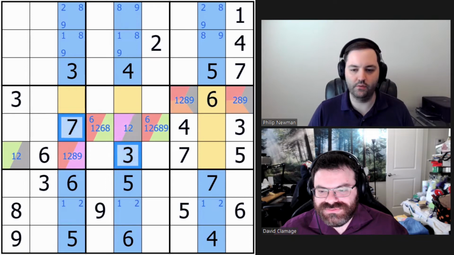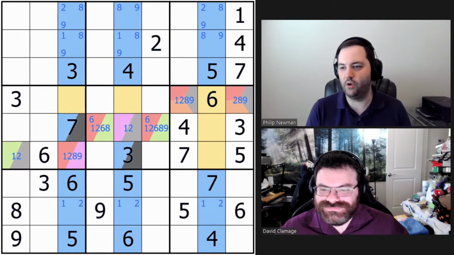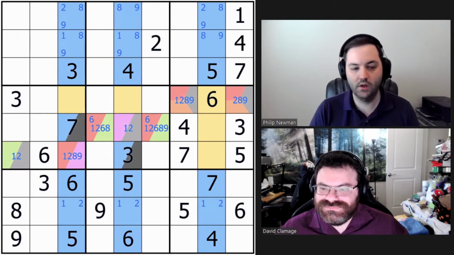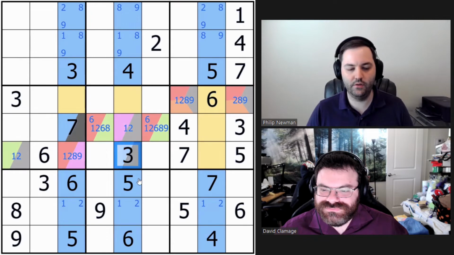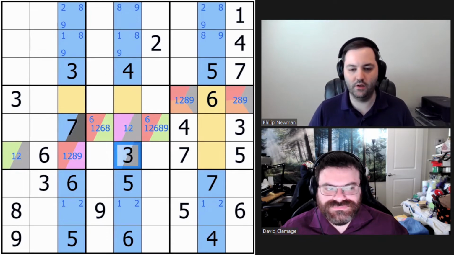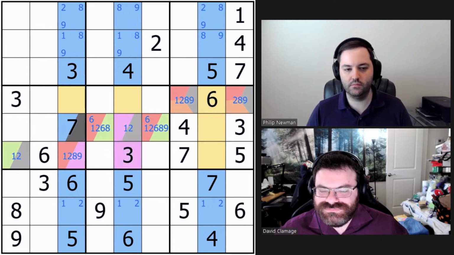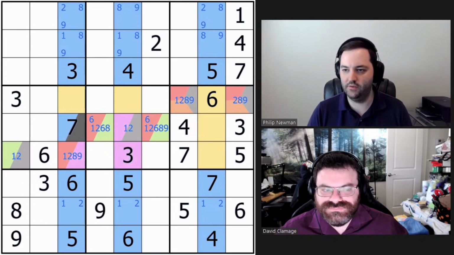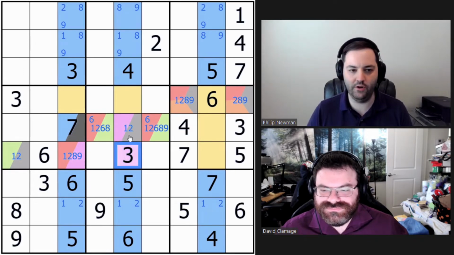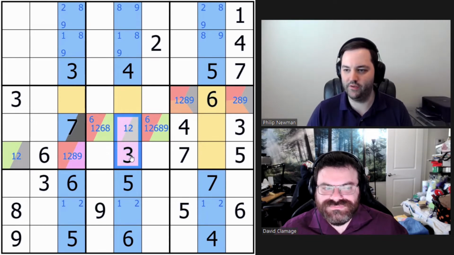These actually have a name as well. I'm totally out of colors here. These are called companion cells. So you can have sort of complicated Exocet type things where you don't have a given here, and these act as a target cell together.